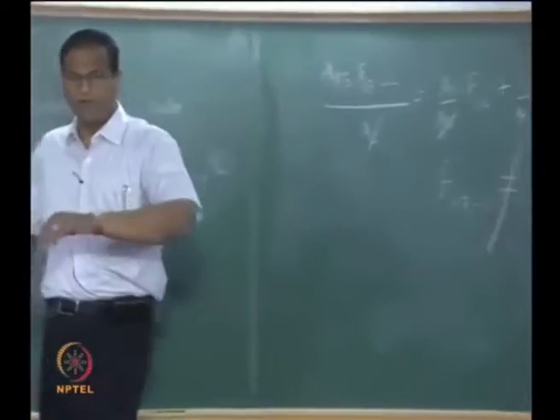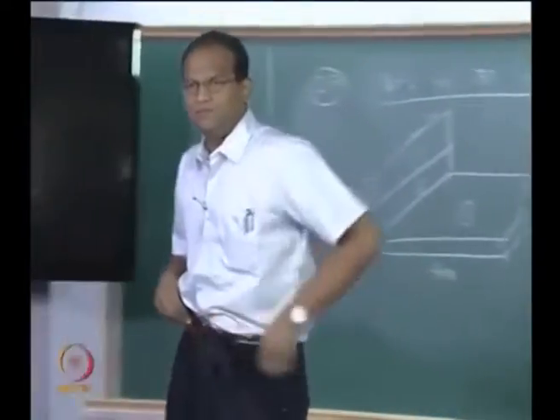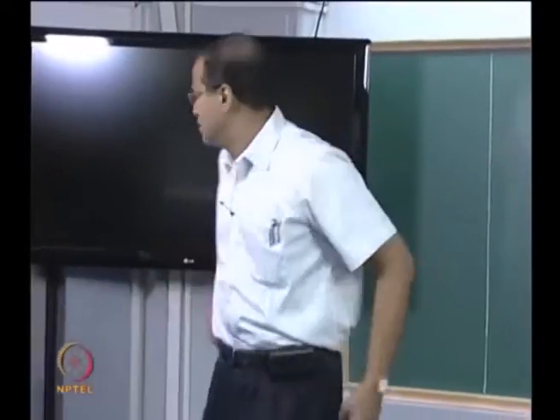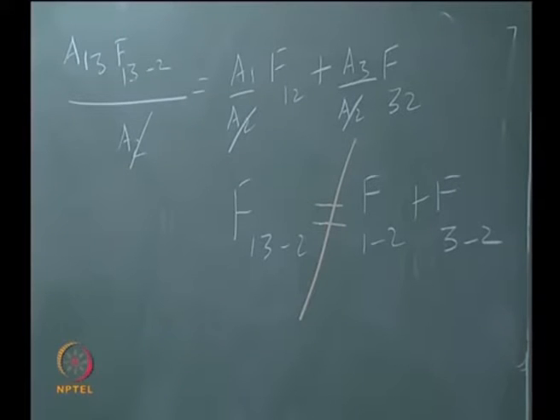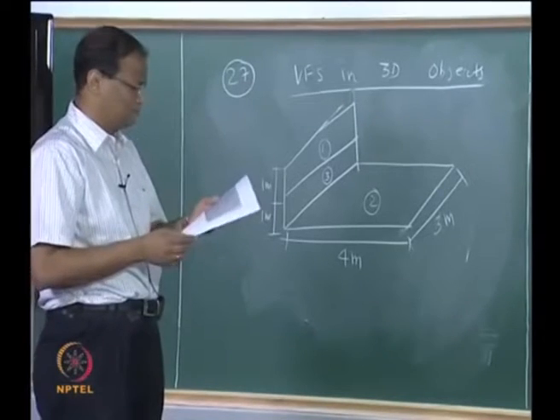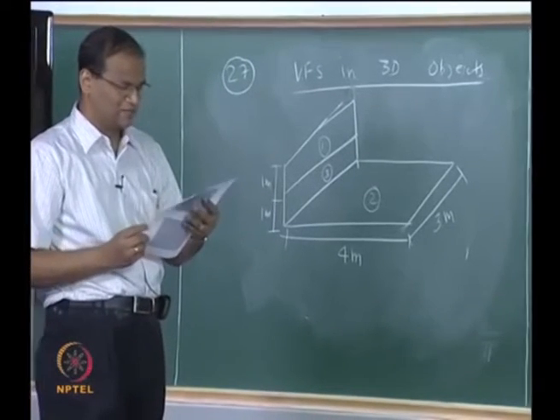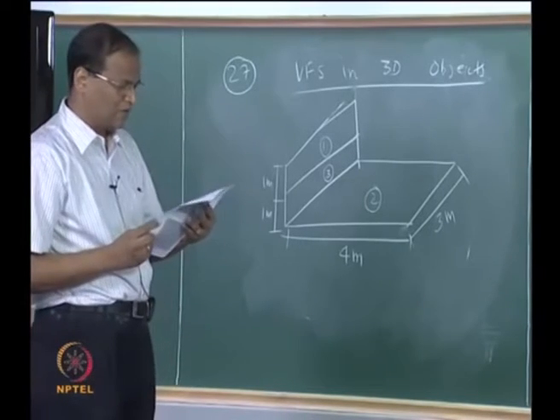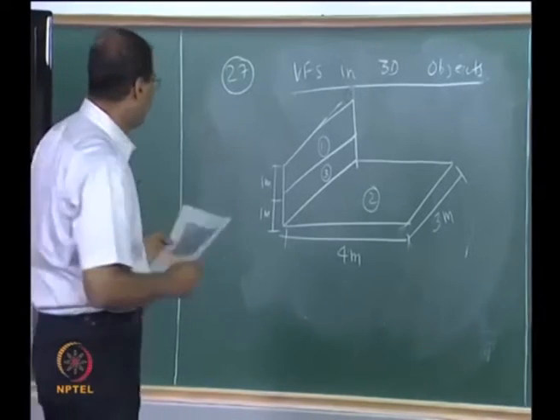Now solve the above problem with the decomposition rule, okay. Now let us take the chart, you have to look at the chart, view factor for perpendicular rectangles, okay. So what is Z by X?